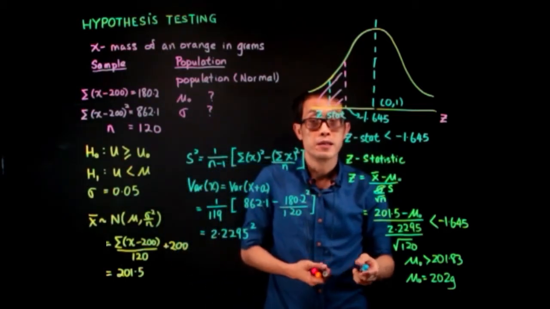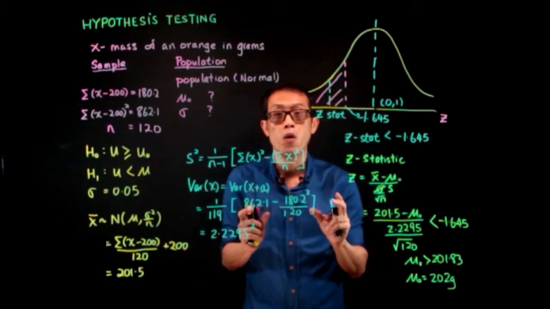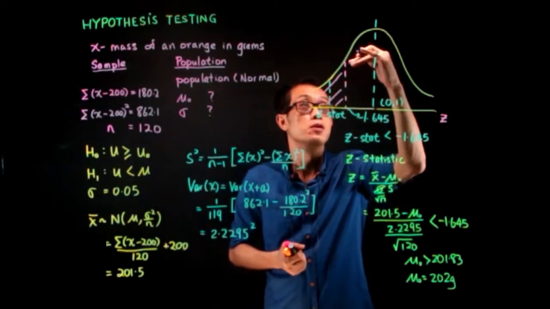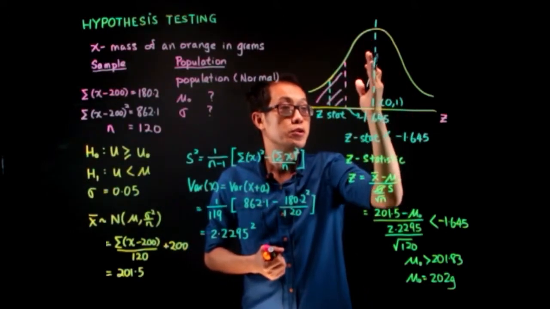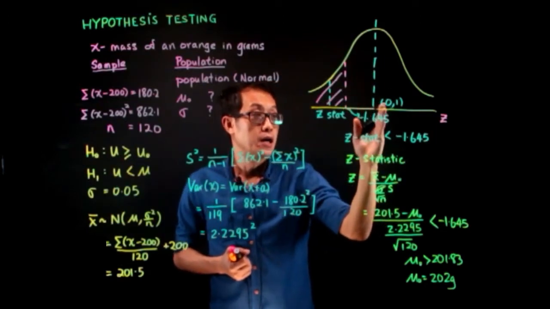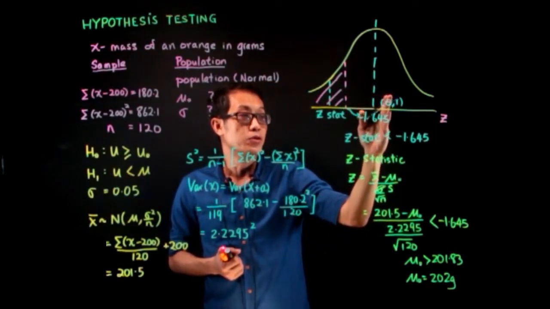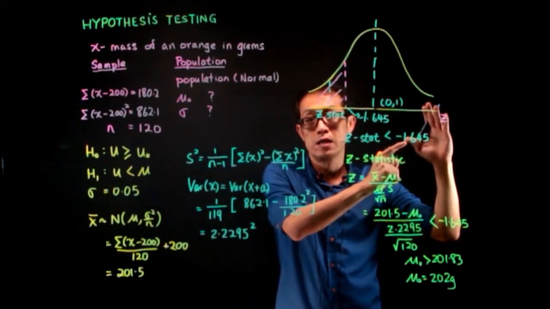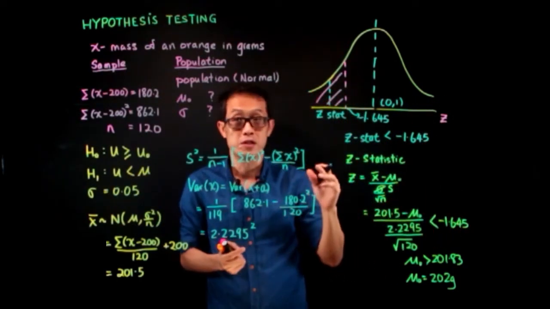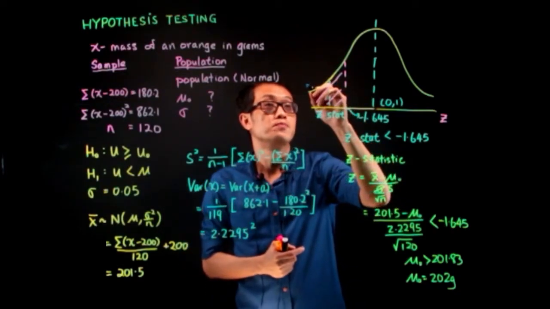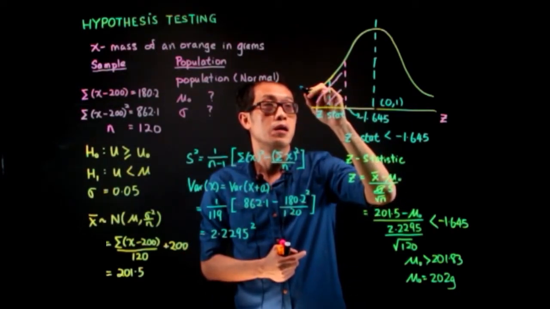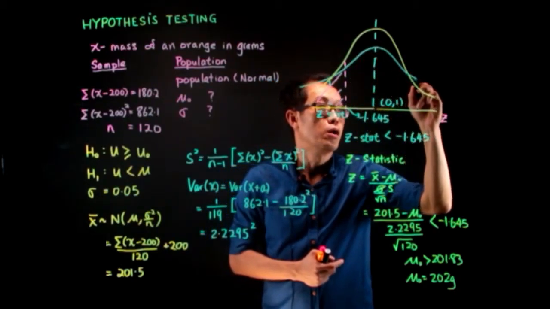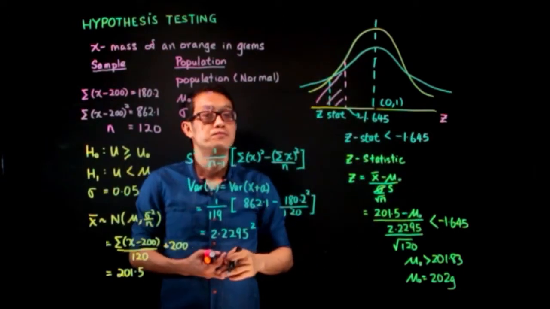Assuming n is small, your t distribution will be much lower than this. It will still have a mean of 0 and standard deviation of 1, because it's based on the standard normal distribution. So it will be lower. So this will be your t distribution.